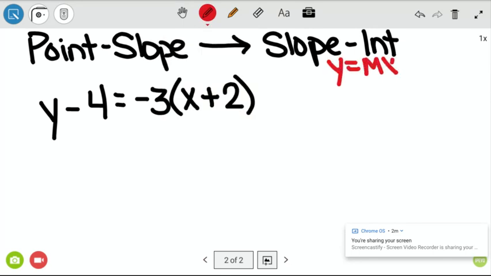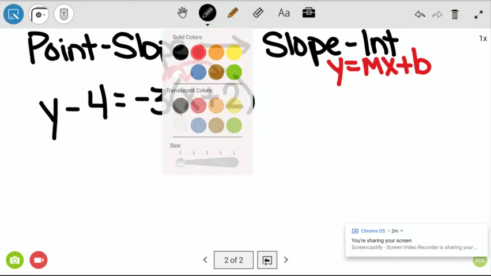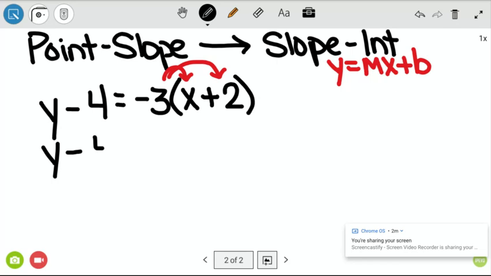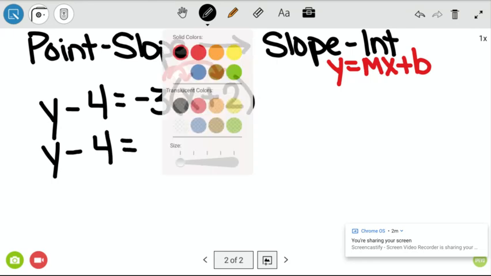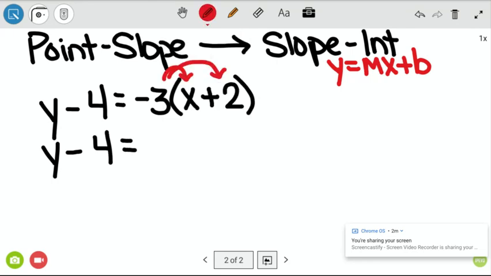We want to start out with y equals, and we want no parentheses. So the first thing we're going to do is distribute. The y minus 4 just comes right down. But then when we distribute, negative 3 times x is negative 3x. Then negative 3 times a positive 2 gives me a negative 6.